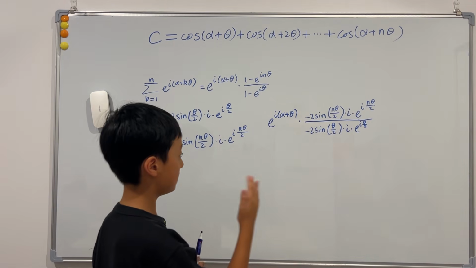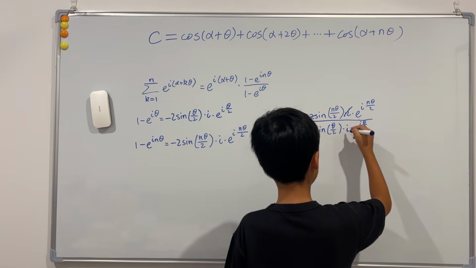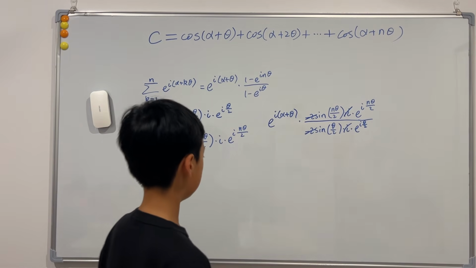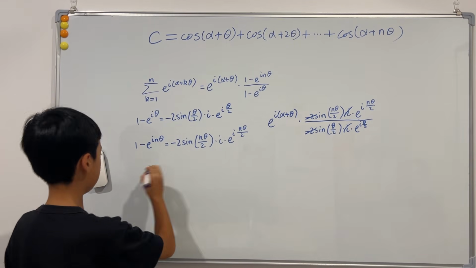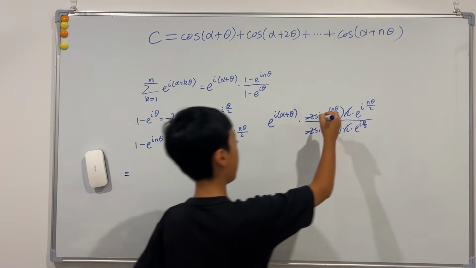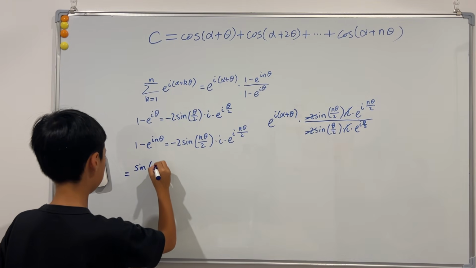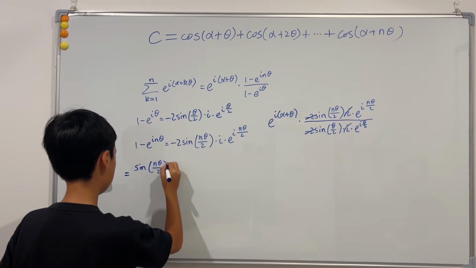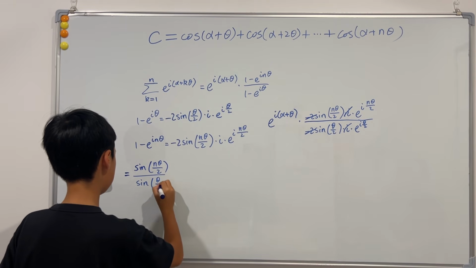Okay, and now we can see that many things cancel. This, that, this, that. Not really many things, but still it's good. So with all of these cancellations, it will just become, I will put this first, sin(nθ/2) over sin(θ/2).